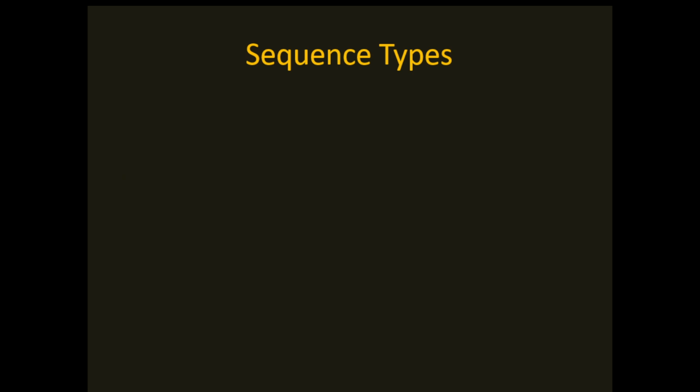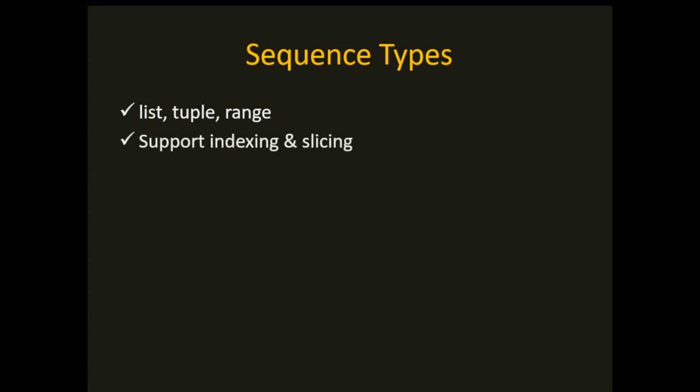Then we have sequence types: list, tuple, and range. Don't worry, we will learn more about list, tuple, range, set, and dictionary as we proceed further in the course. List, tuple, and range all support indexing and slicing. What do we mean by indexing and slicing?